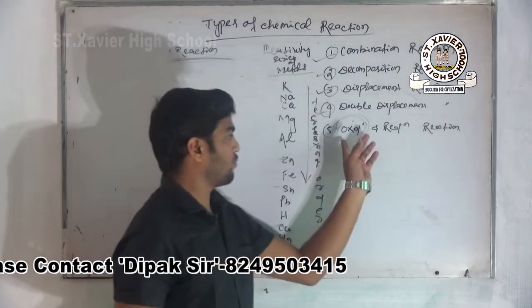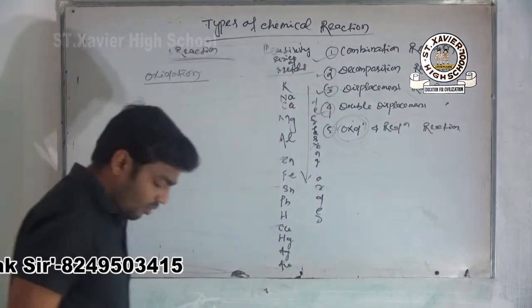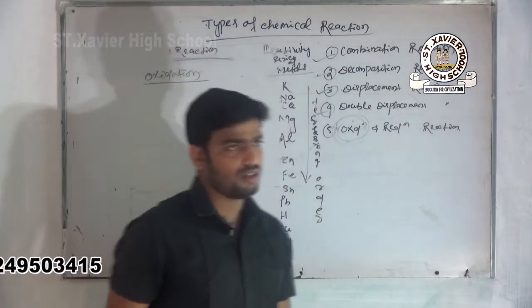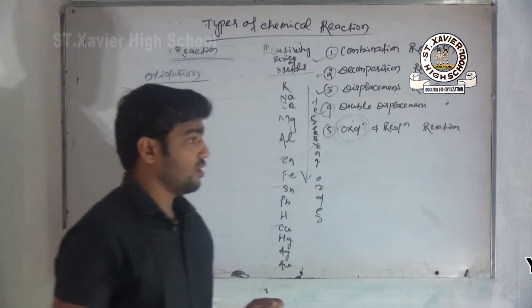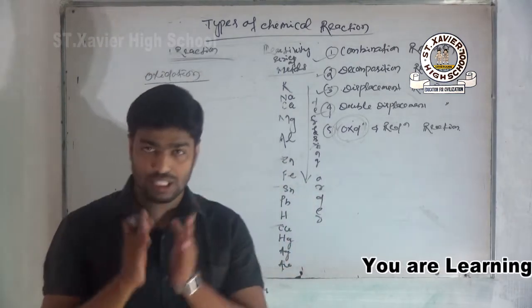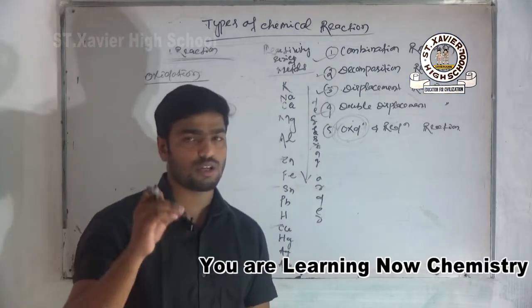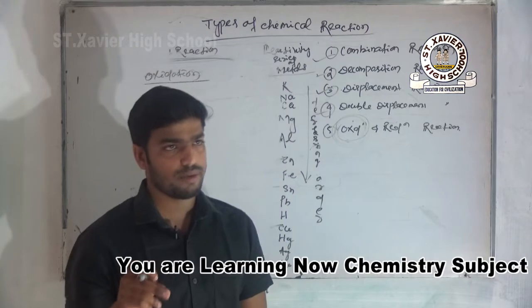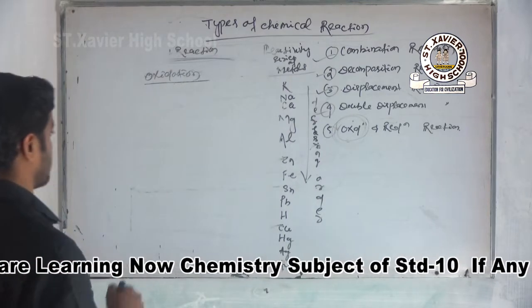So we have to know the word oxidation first. I have already told you that oxidation comes from the word oxy, that means oxygen. The definition will be addition of oxygen or removal of hydrogen. That means addition of oxygen to a substance or element, or removal of hydrogen from a substance, is known as oxidation.